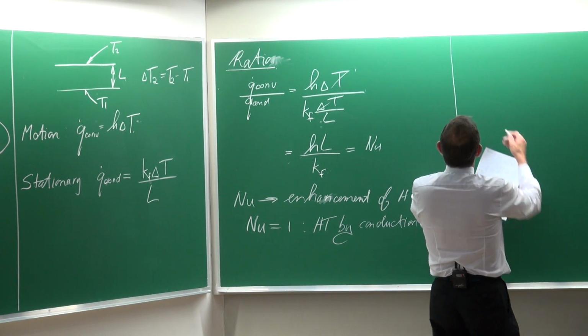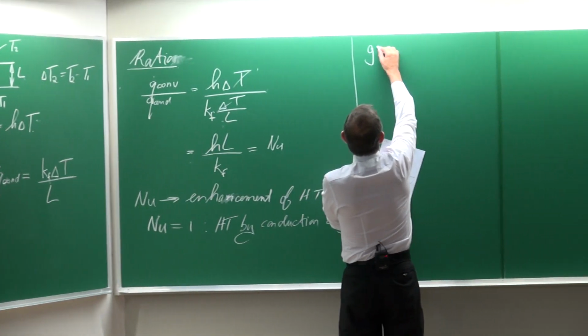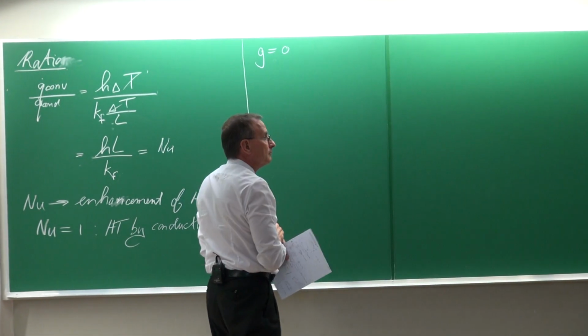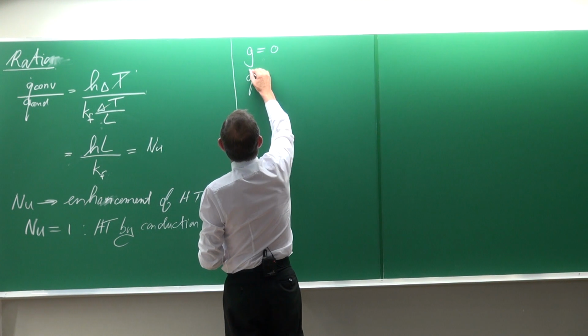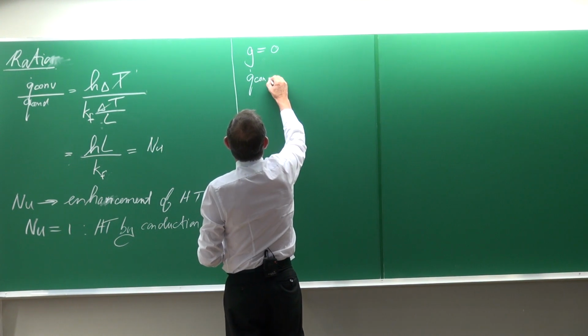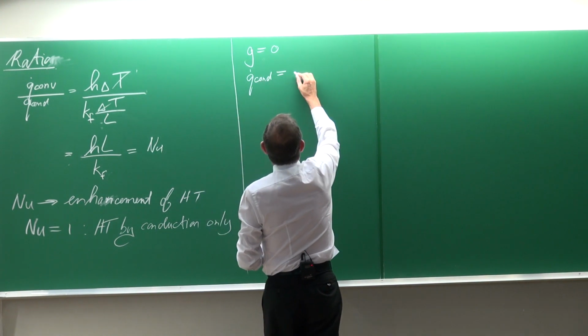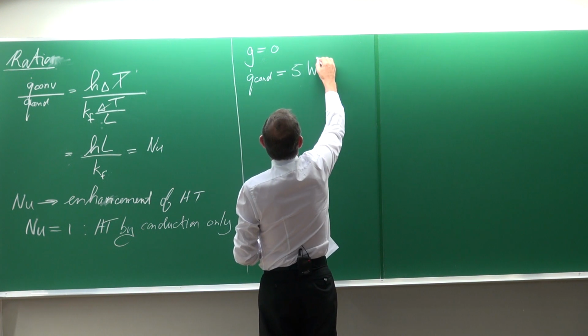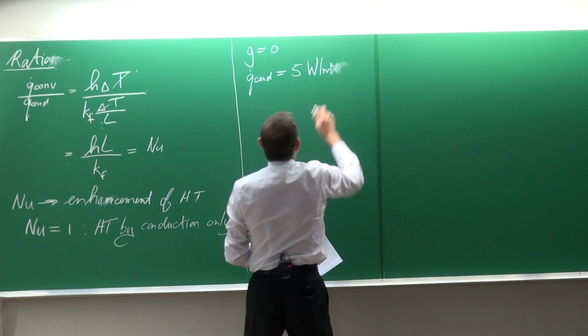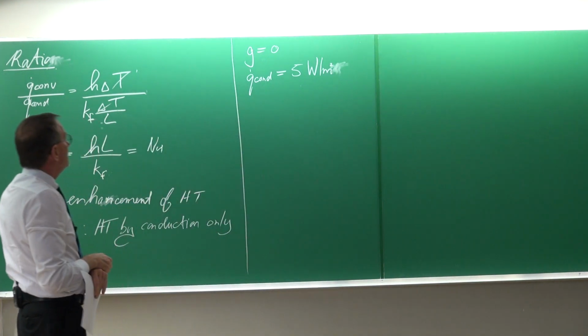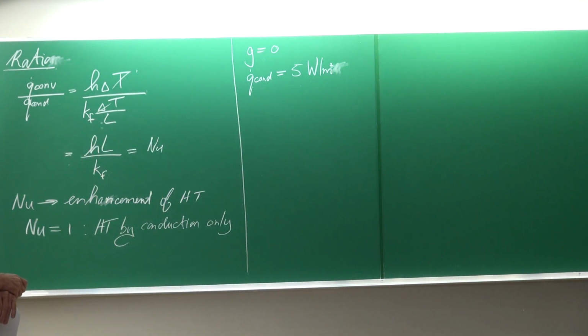This can be explained as follows. Let's suppose you put off gravity, then the conduction heat transfer for the flux, let's choose 5 watts per square meter. That is the conduction if the gravity is off, there's no gravity.